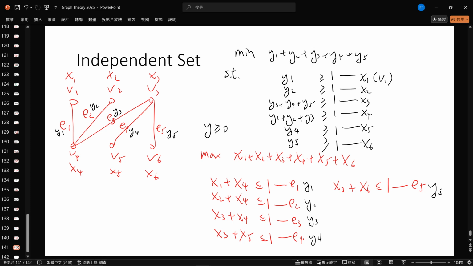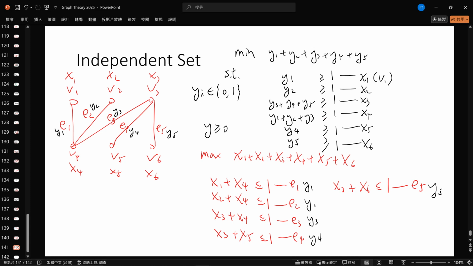This time, again, we can add one constraint, the binary constraint. Once again, y_i equals 1 if the ith edge is chosen, since y corresponds to the edges.